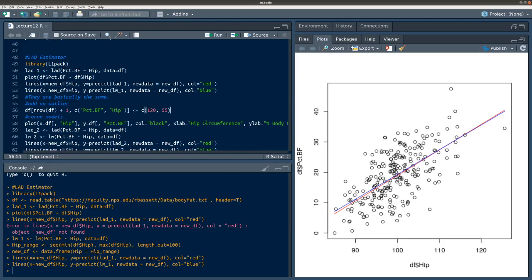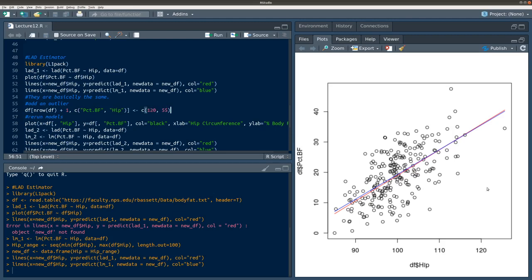I'm going to add a new data point to my data frame, with hip 120. Oh, excuse me, here's what's going on: I permuted these numbers. Let's say the lab assistant meant to enter percent body fat and hip, but accidentally entered hip and percent body fat in the wrong order. So this is just a data entry error.